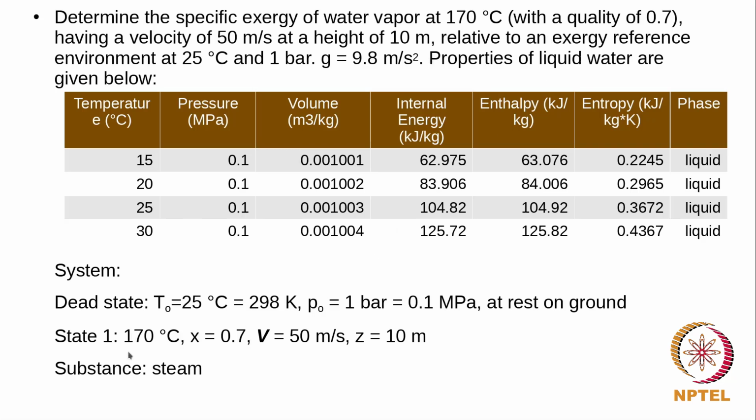So therefore it must be on the saturation curve. It must be on the saturated line because it has a quality. So it's between the liquid and the vapor lines. The velocity of the steam initially is given as 50 meters per second. The height initially is given as 10 meters above the ground. And the substance is steam. So this is all the information we have.